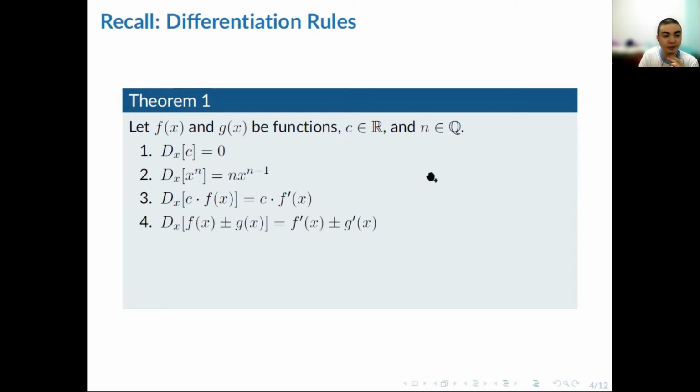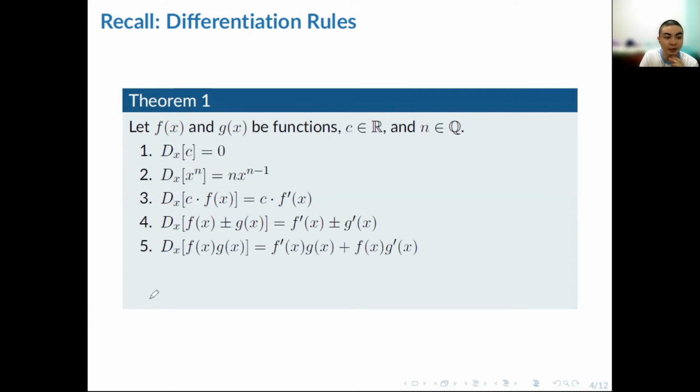So ito naman yung ano natin, yung sum rule. So yung derivative ng sum or difference ng two functions ay equal sa sum or difference ng derivatives ng dalawang function na yun.